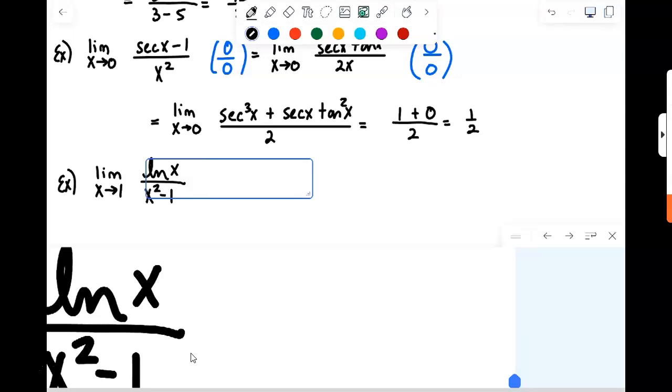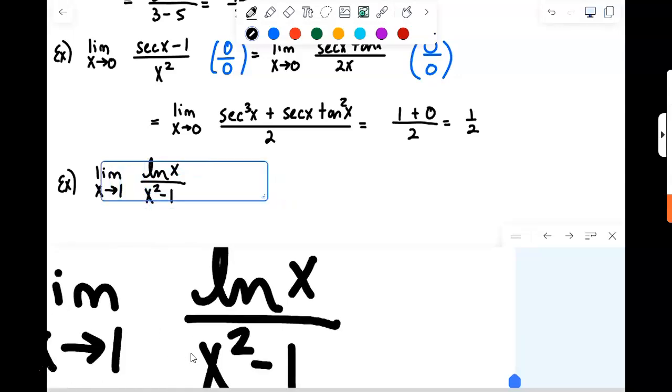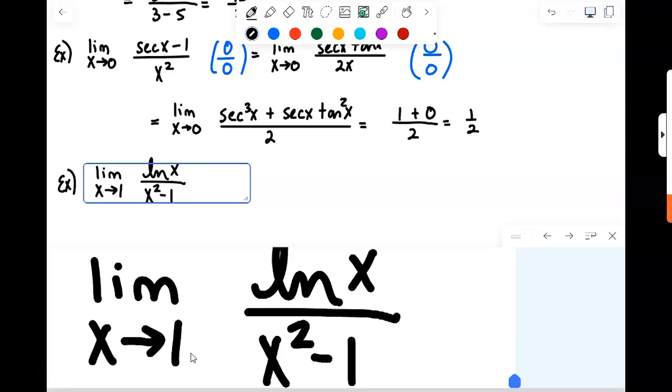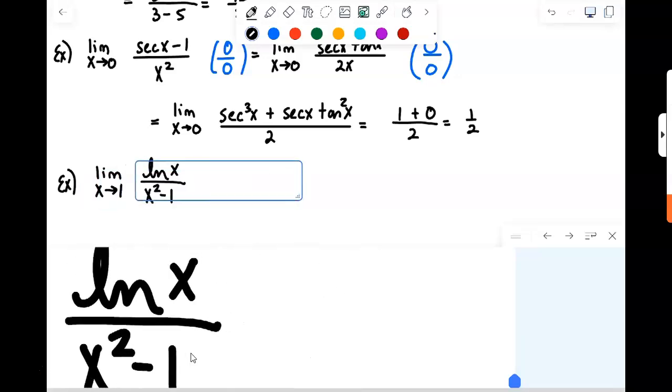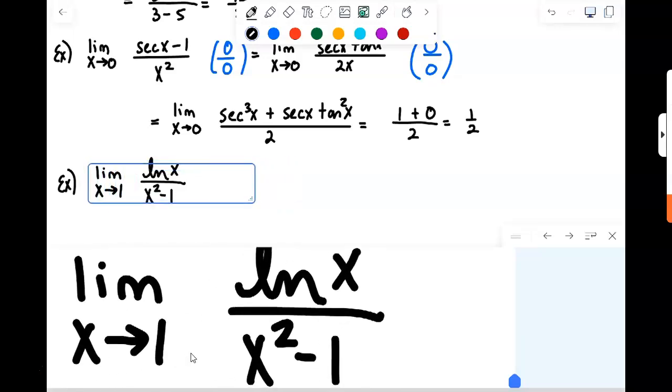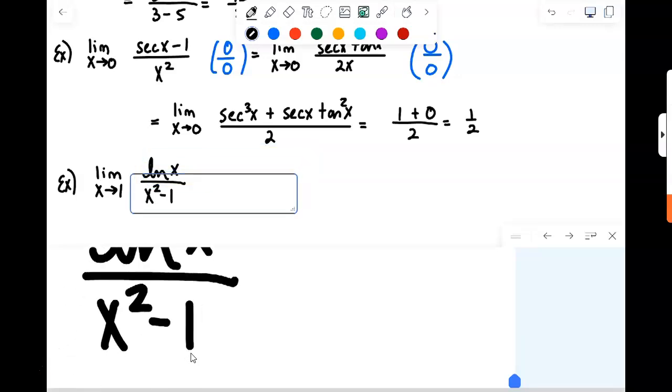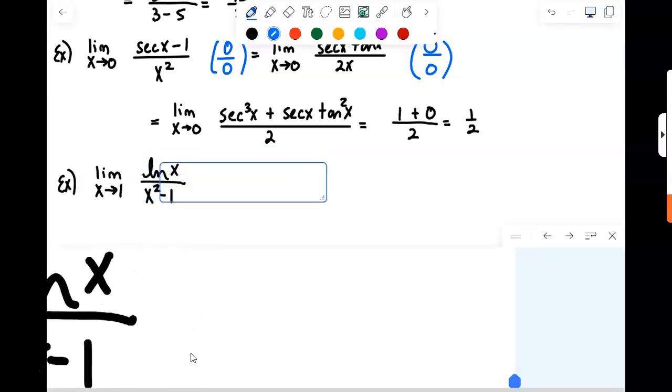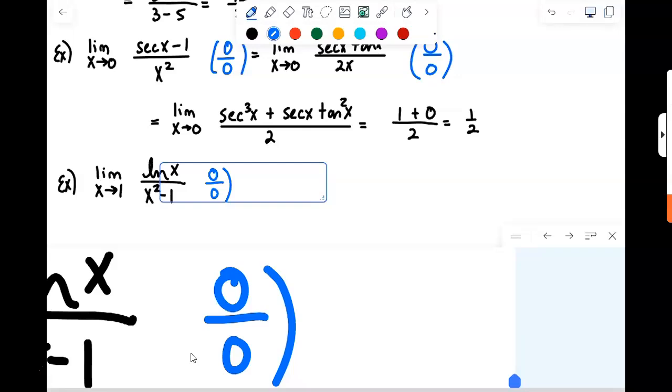Our other methods really would leave us completely lost. Fortunately, we have L'Hopital's rule, so we can apply it, because this is a 0 over 0 limit again. Right? ln of 1 is 0. 1 squared minus 1 is 0. So we are dealing with a 0 over 0 limit.